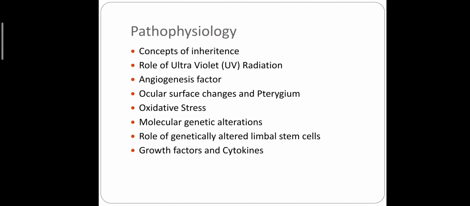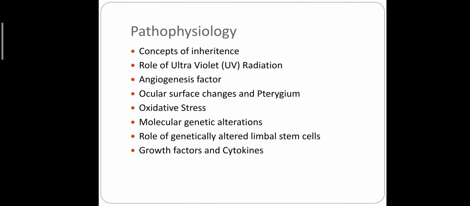So coming to the pathophysiology, like I told you, ultraviolet radiation exposure is one of the most important risk factors. And because of the exposure to ultraviolet radiation, there are a series of changes which happen. The most important postulated hypothesis is that ultraviolet rays genetically alter the limbal stem cells which are present across the limbus at the corneoscleral junction.